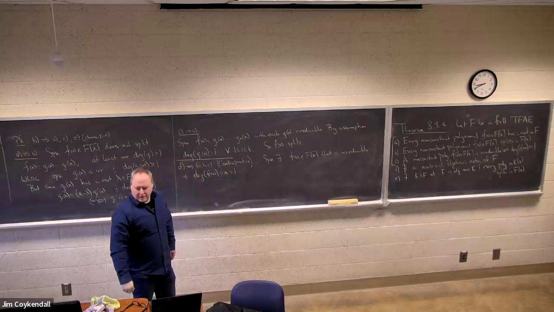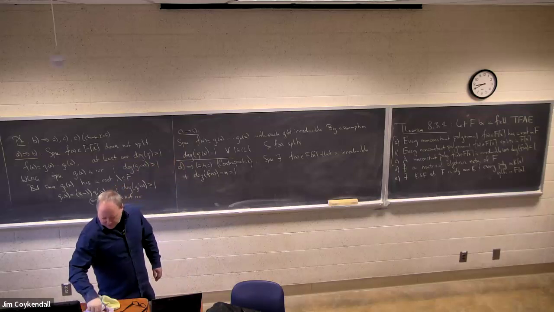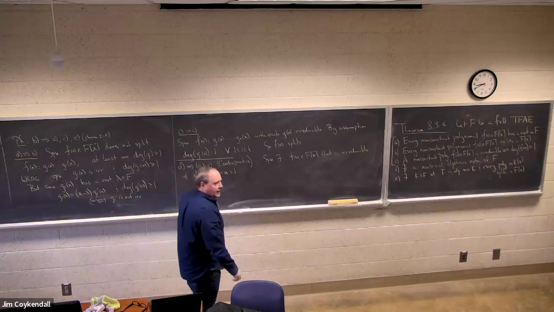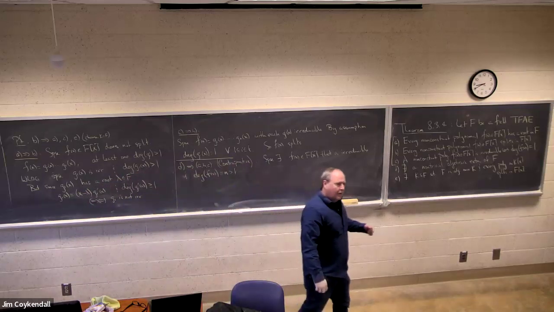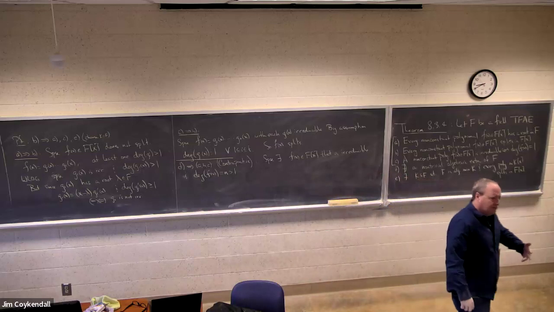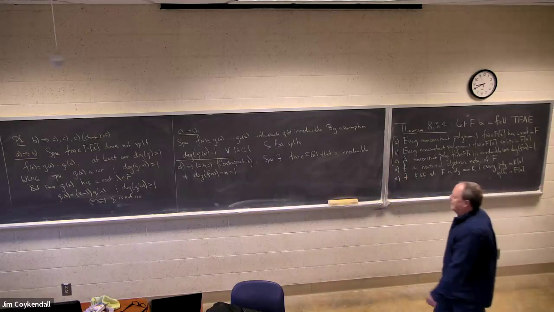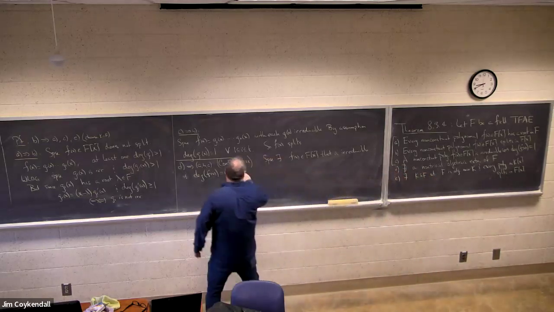So suppose you can find a polynomial that is irreducible of degree bigger than one. Then the strategy is we should be able to construct an algebraic extension, and how do we do that? With a root of f(x). Right.